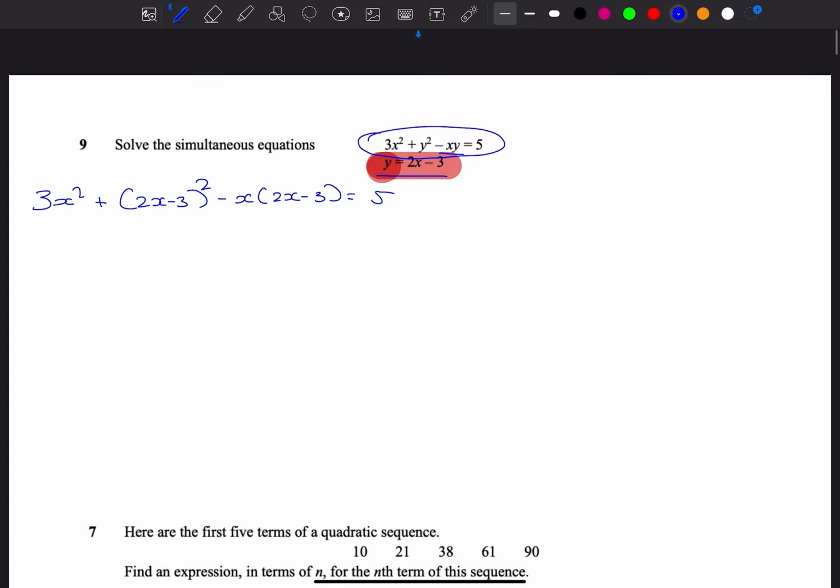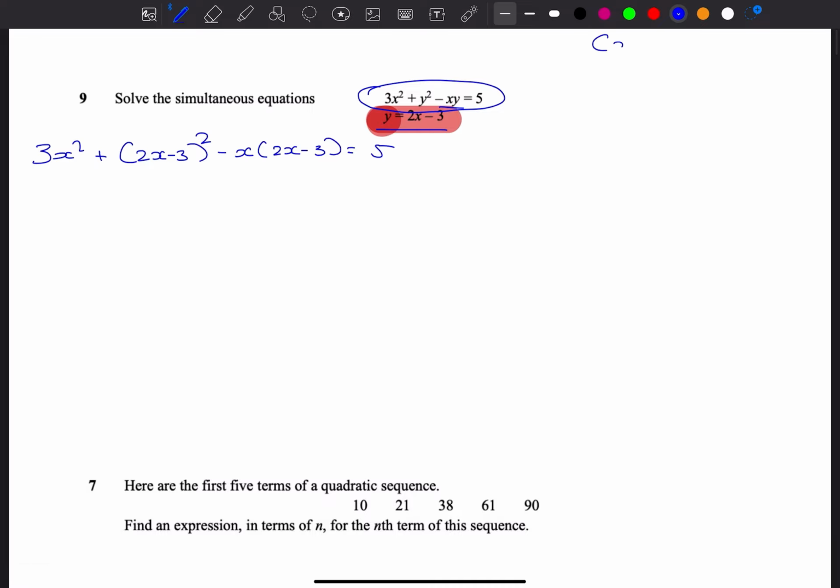The 2x minus 3 squared, if you do that, that's 4x squared minus 6x minus 6x plus 9. That's going to give you 3x squared plus, what's this now? That thing is 4x squared minus 6x minus 6x and minus 12x plus 9.